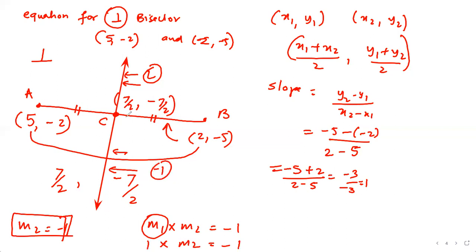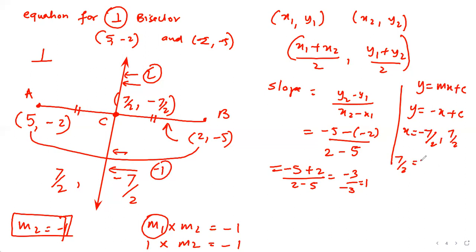Now we have to find the proper equation, so we use y equals mx plus c. You know that m is negative 1, so y equals negative x plus c. To get the c value, you know that this line L passes through (7 over 2, -7 over 2). When I plug in x as 7 over 2 and y as negative 7 over 2, I get negative 7 over 2 equals negative 7 over 2 plus c.